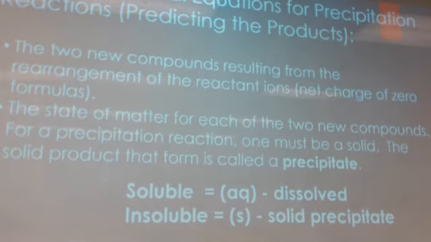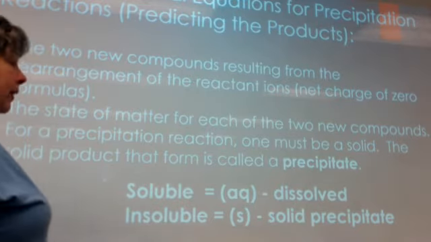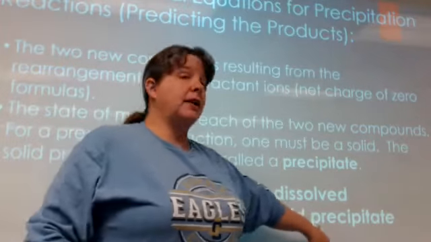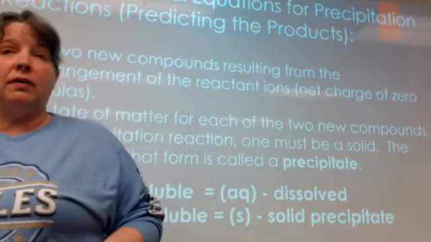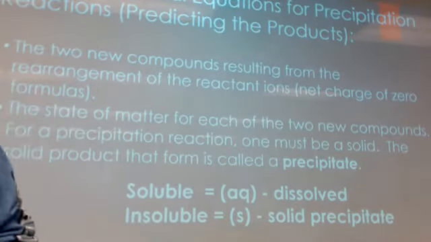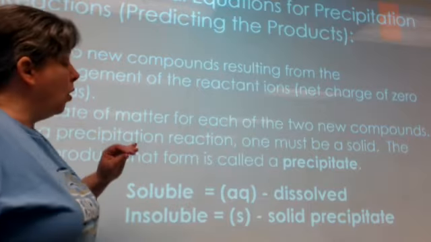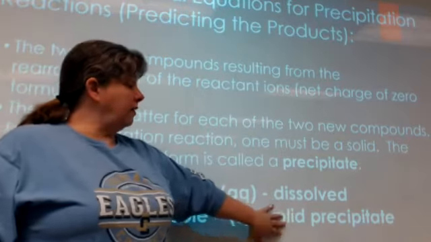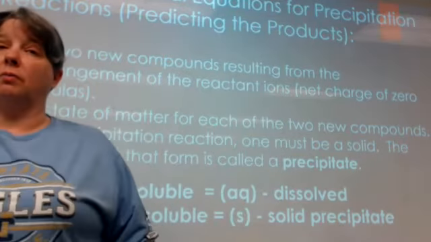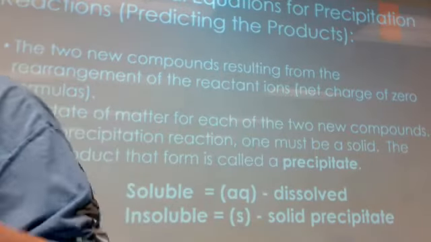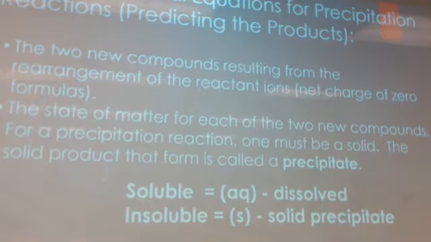The reason is that in a double replacement reaction, if a precipitate does not form, then it is not even considered a reaction. It means no reaction happens. So we must always predict the states of matter. If you see a solid, then you know that something has actually occurred. We'll show you how that works as we go through some practice examples.